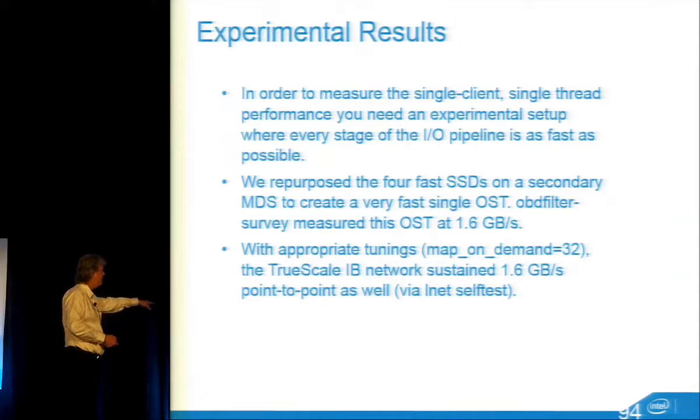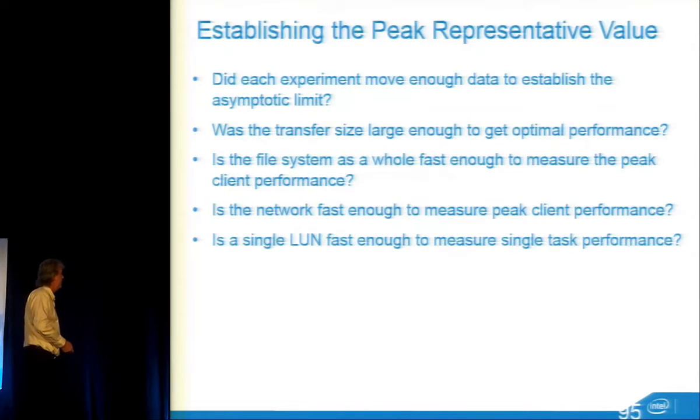And we also did some tunings because the IB network wanted a couple of nice tunings to get its LNet maximum speed to be as high as possible. So there's one special OST involved, and there's also one tuning of the IB to make sure that the IB is not the bottleneck for the testing.